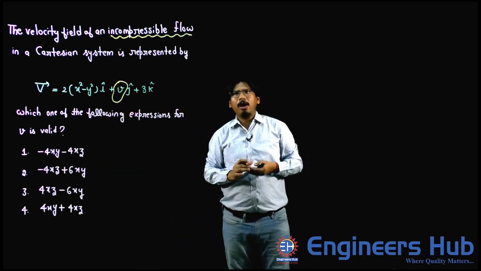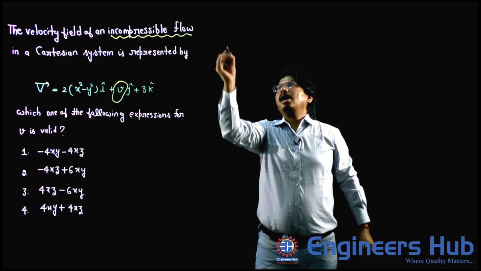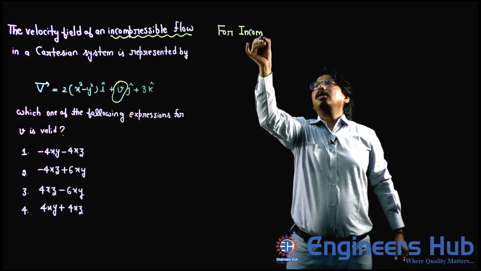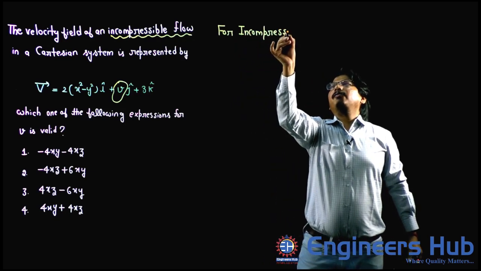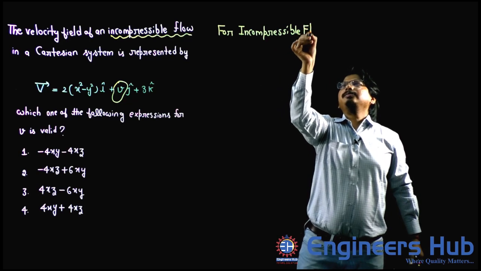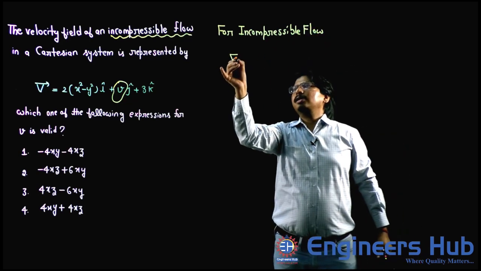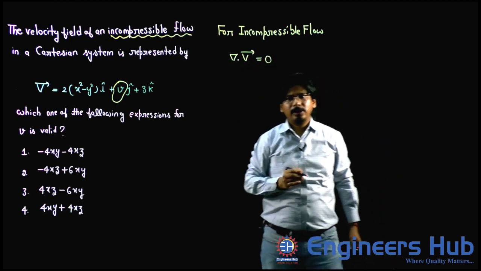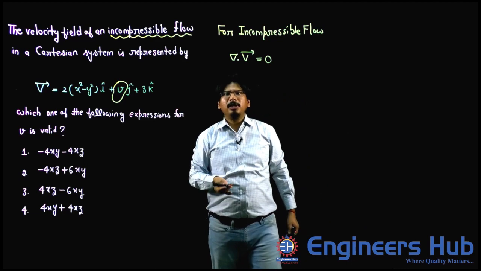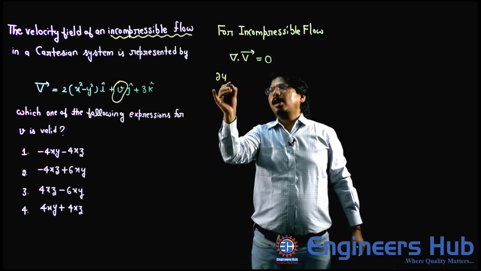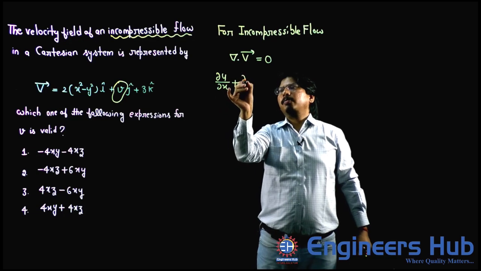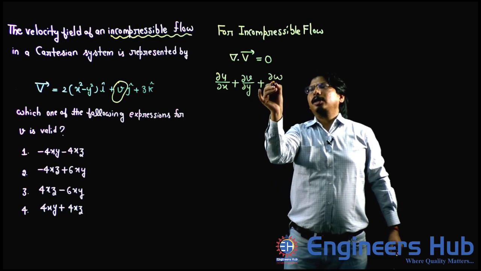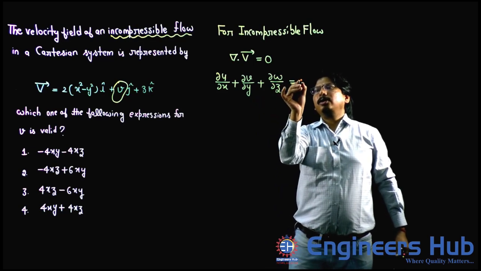So look at here, my friends, how to proceed with this problem. As we know, for incompressible flow, the divergence of the velocity vector will be 0. Now what is the divergence of the velocity vector? Dou u by dou x plus dou v by dou y plus dou w by dou z is equal to 0.